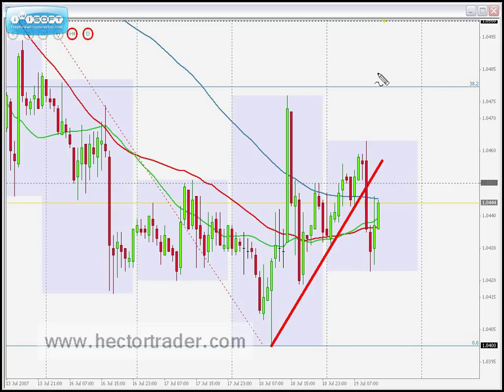You have a valid setup from a technical point of view, as I just explained, but you will also have the fundamentals, the momentum that any fundamental analysis brings into the market, on your side. So you are trading a setup based on technical levels, but strengthened by the extra momentum delivered by the news.